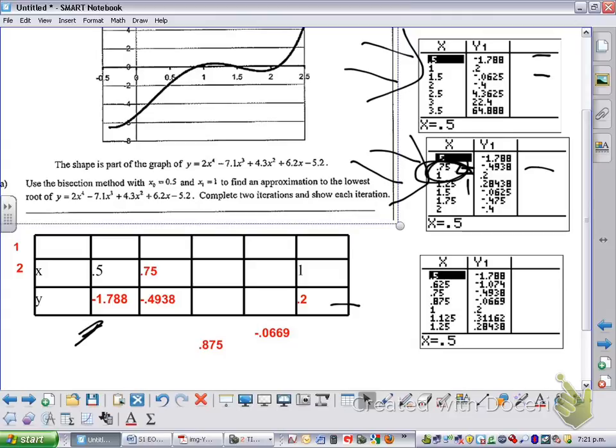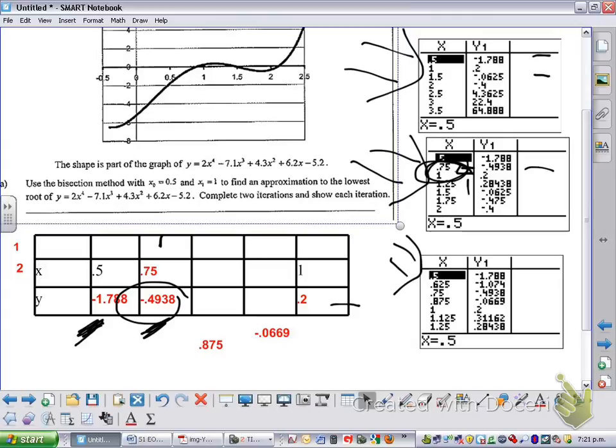Now, 0.5 was negative, so I'm going to put the 0.75, which is halfway between, on the negative side, 0.4938. That's my first iteration, so you want to put a little 1 there.